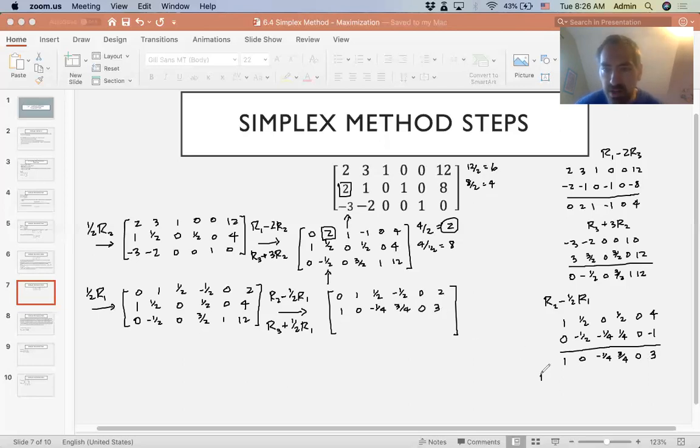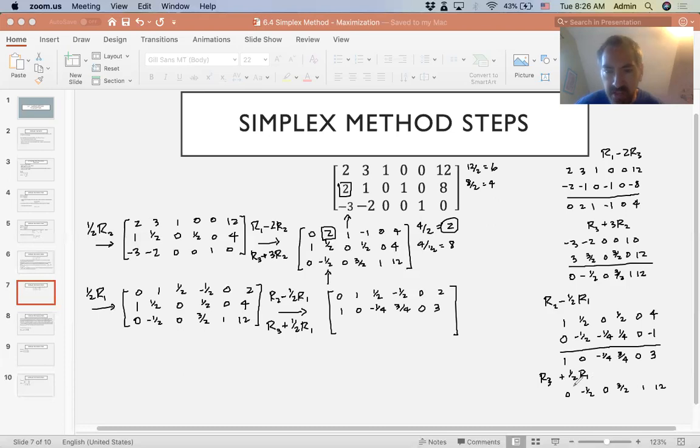And then our 3 plus 1/2 R1. Let's see, R3 is 0, negative 1/2, 0, 3 halves, 1, and 12.